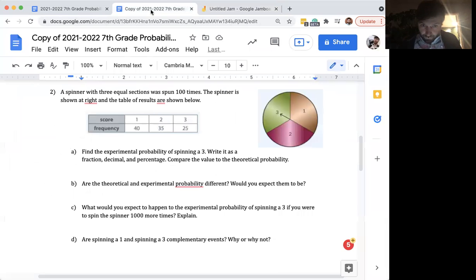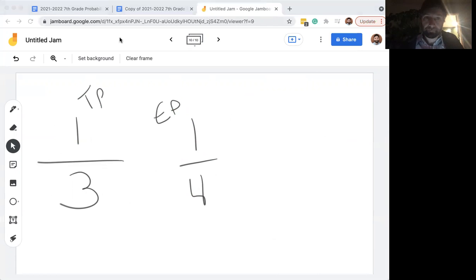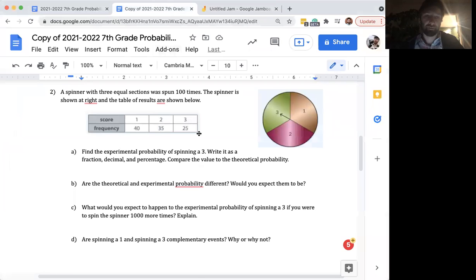So we have 1 out of 3 for the theoretical probability, 1 out of 4 for the experimental probability. When it says compare them, it just means the theoretical probability was bigger. 1/3 is greater than 1/4. It would happen more in theory than it did when we actually did it.